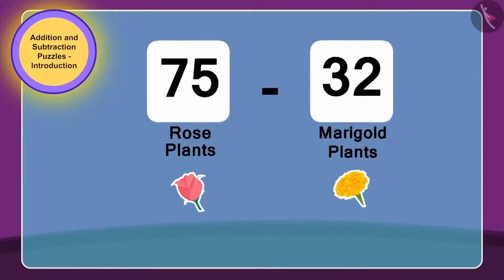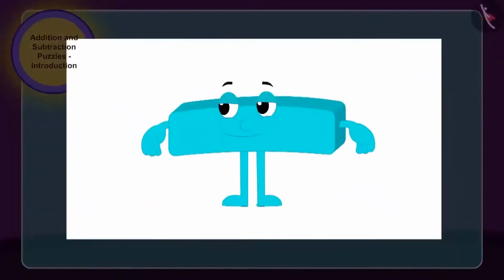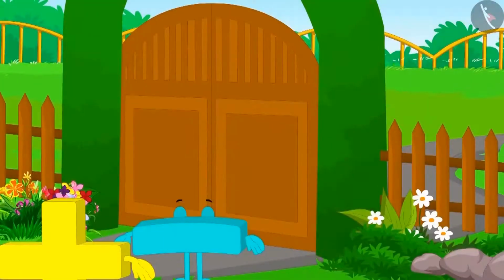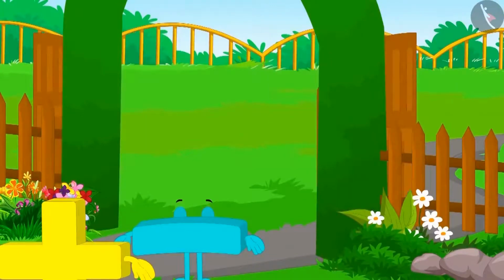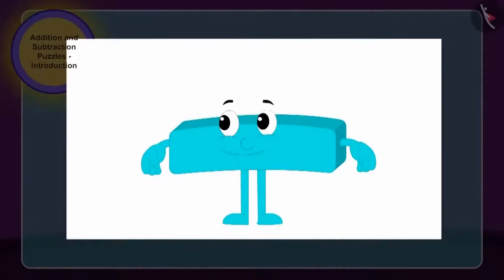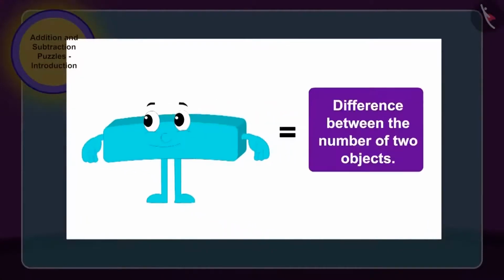We have to use which method here? Subtraction. Therefore, the park gate opened easily by subtraction. Children, whenever we have to find the difference between the number of two objects, then we use subtraction.